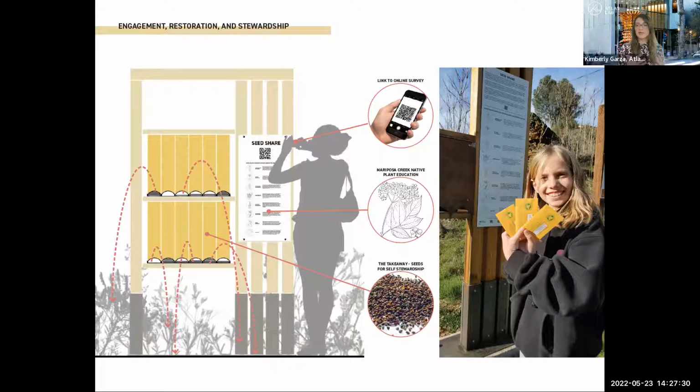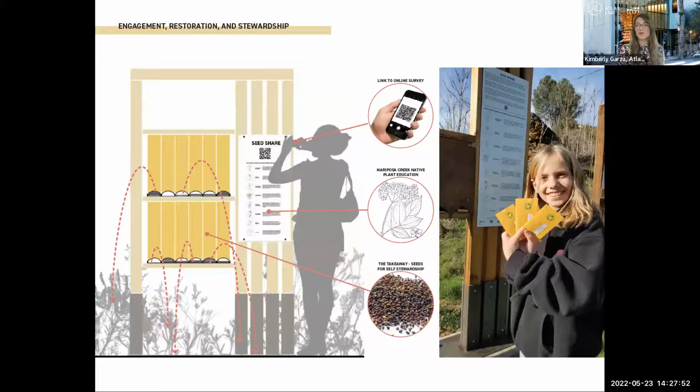And again, a similar strategy where we were using education, providing key information about the creekway itself, and then again providing that barcode for community members to share information. So it was doing a lot of different things in a very simple structure.